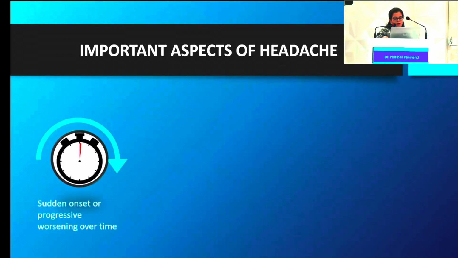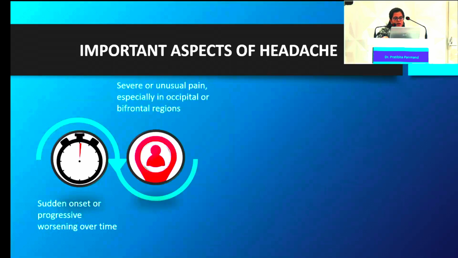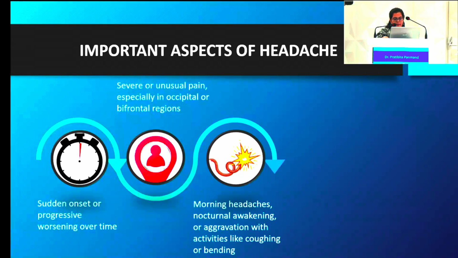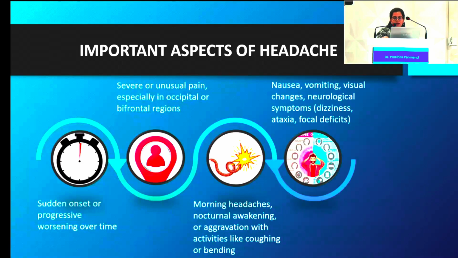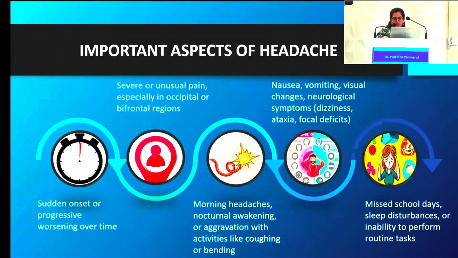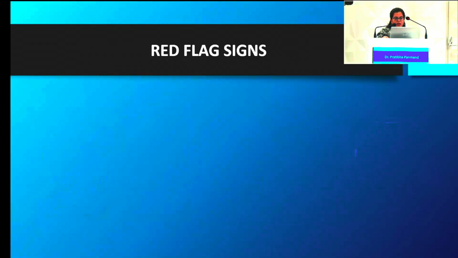One should know the onset and the duration, like whether it is sudden in onset or progressive, the location and the character, whether we are looking at a severe or unusual pain, especially in the occipital and bifrontal region, the triggering factors and the timing, morning headaches, nocturnal awakening or aggravating with coughing and bending, the headache associated with symptoms like nausea, vomiting, visual changes, neurological symptoms, and if the daily living activity is getting affected, like if the child is missing school, sleep disturbance or inability to perform the routine task.